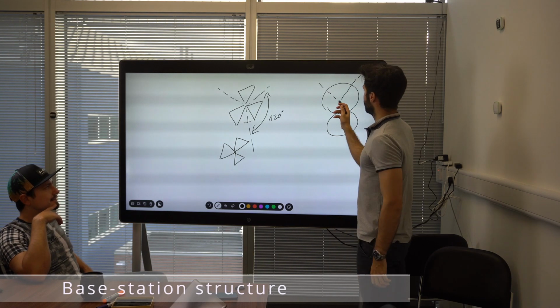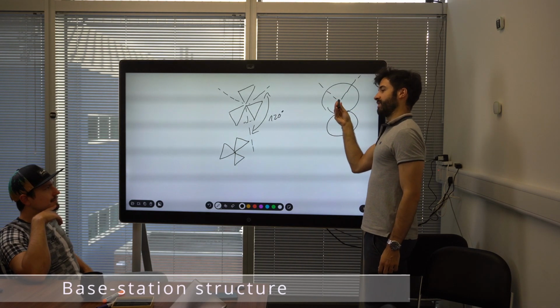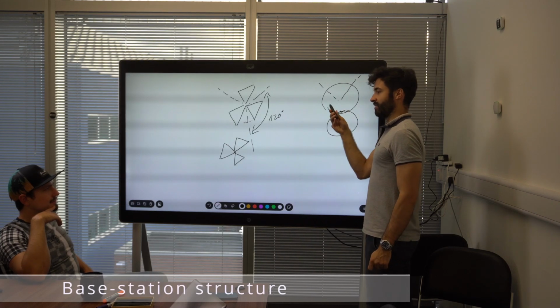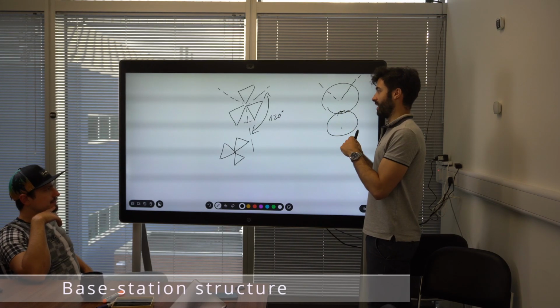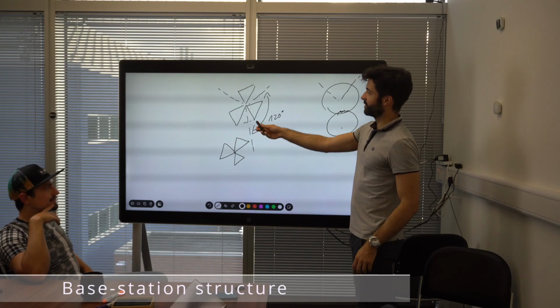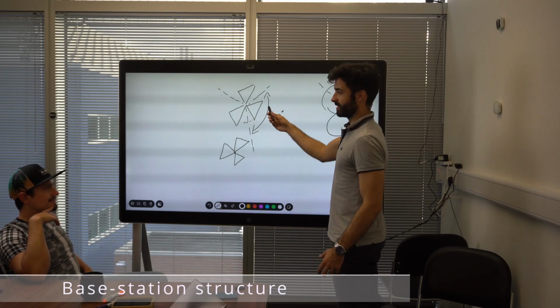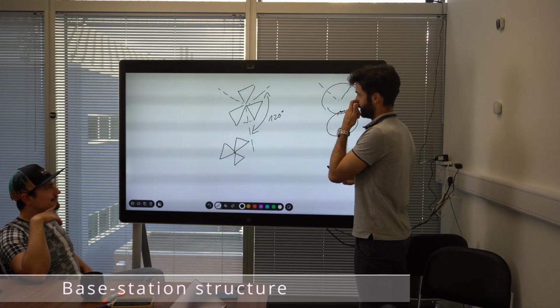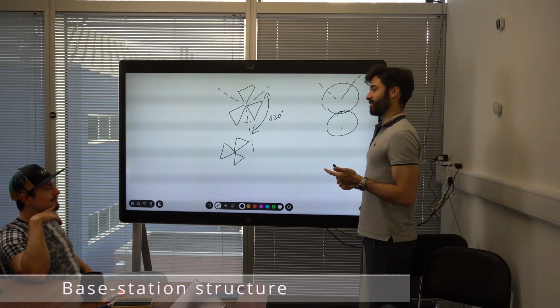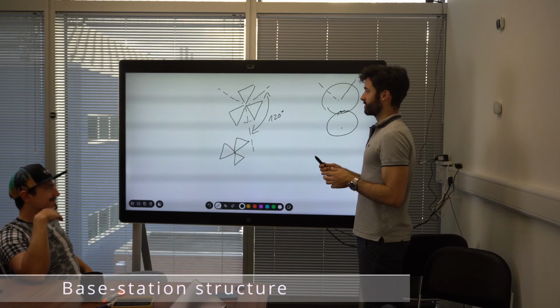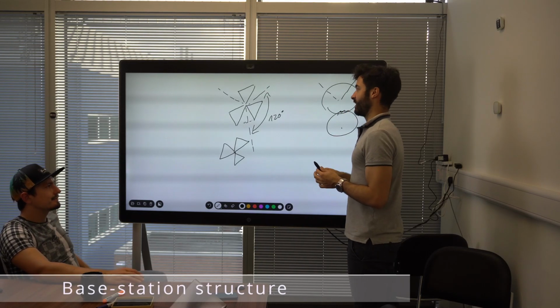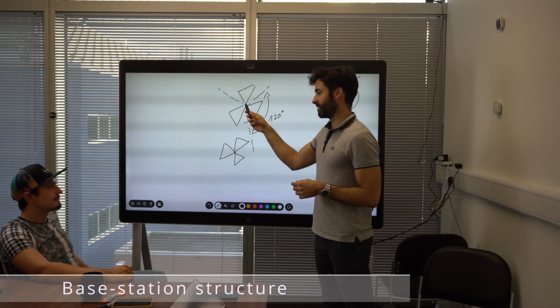Here, you have 1 antenna system radiating in all directions, so you will only have 1 BBU or RRU. In here, you can have 3, 1 per sector, so you increase the capacity a lot. And you also increase the spectral efficiency with 3 sectors, because you can use the same frequency in different sectors.